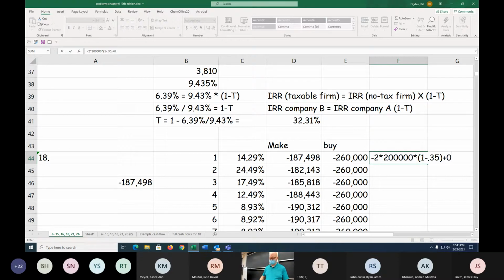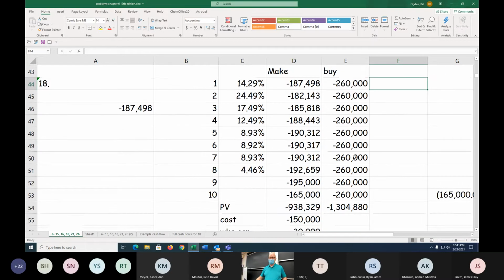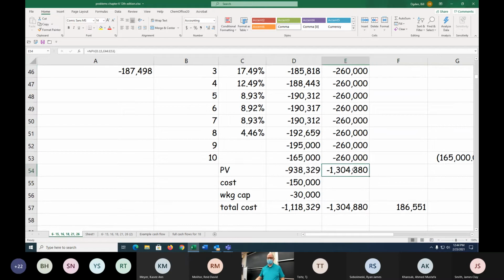There is no asset here. So we got the negative 260. Did that for 10 years. And 10 years, this is our present value of those 10 cash flows. So I guess I would say that the numbers here favor manufacturing this by an advantage of $186,000.